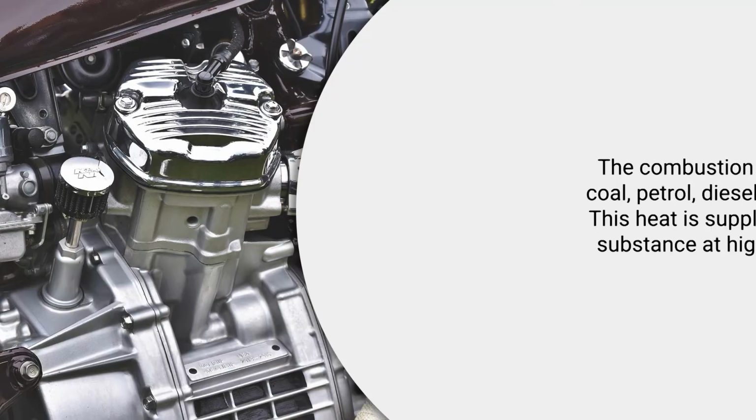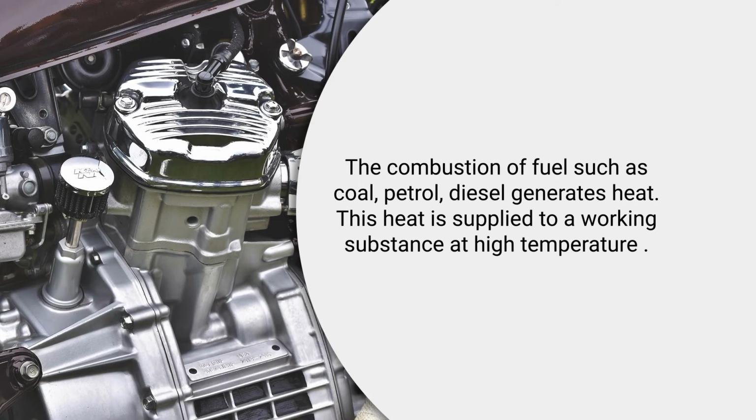And what does combustion mean? If I take a general heat engine, there may be coal, petrol, diesel, or gasoline. Heat is supplied to the working substance. In case of petrol, it is a petrol air mixture. In case of coal, it will be the power or the steam.